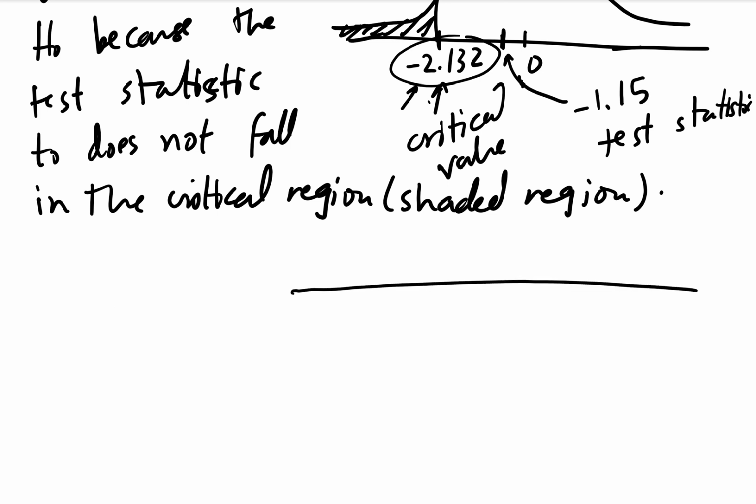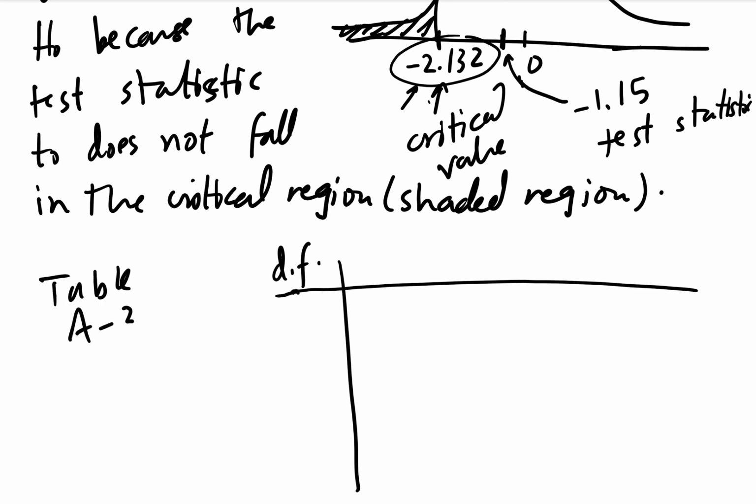So how do we get the critical value? Here we have degrees of freedom in table A3, table A-3. It's called the T distribution values, or the critical t values. So here they have like 0.01, 0.02, 0.05, 0.10.